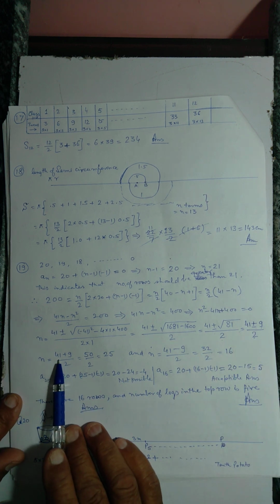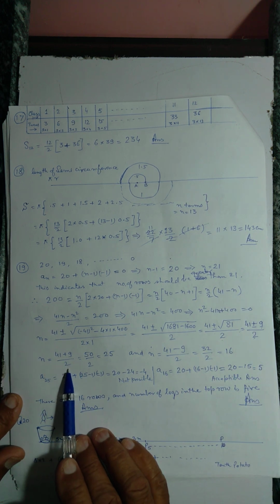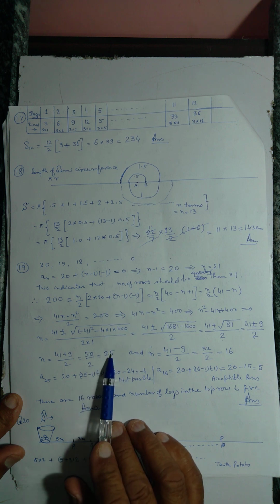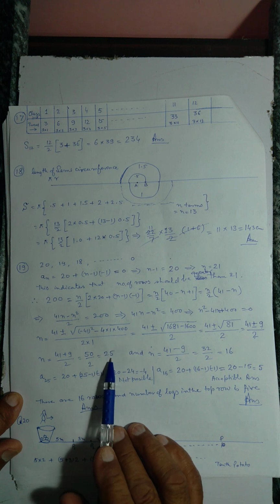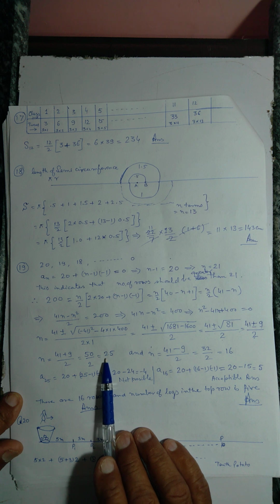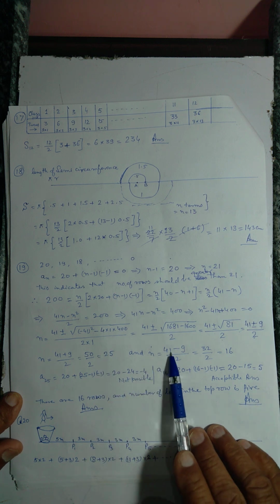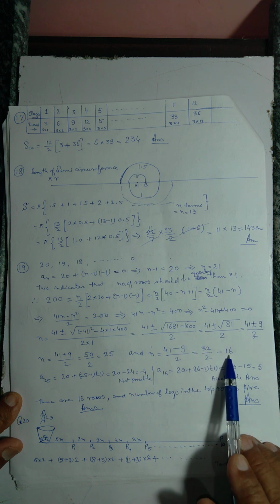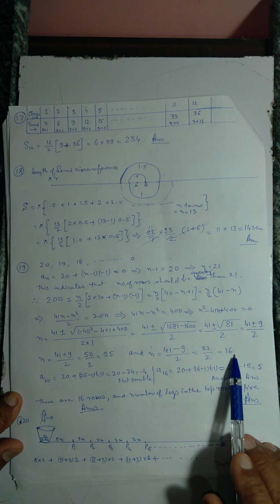First of all, taking 41 plus 9, that will be 50 divided by 2, that is 25. You see 25 is greater than 21, so we have to reject it. Now 41 minus 9 by 2, that is 32 by 2, and it will be 16. So it is an acceptable answer.